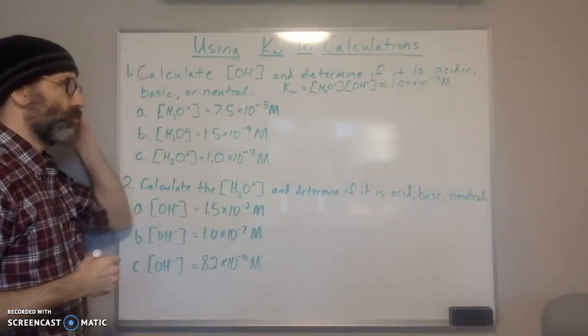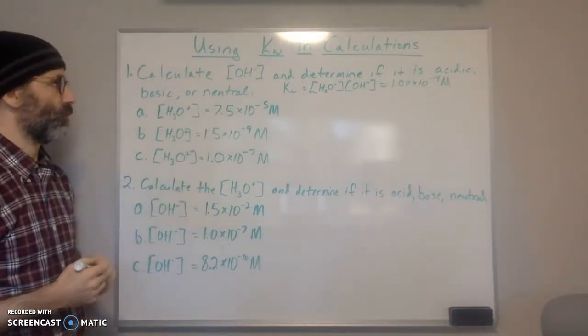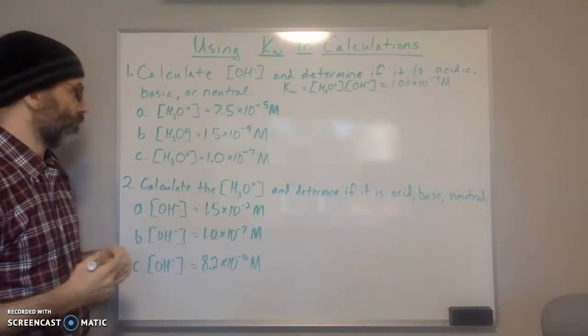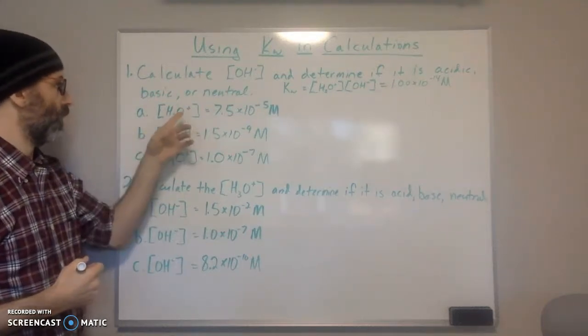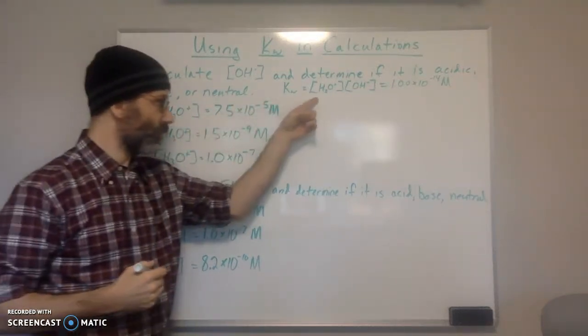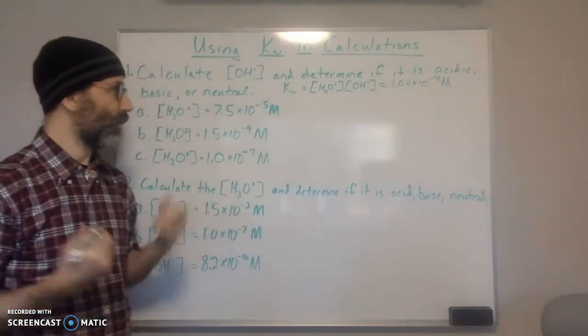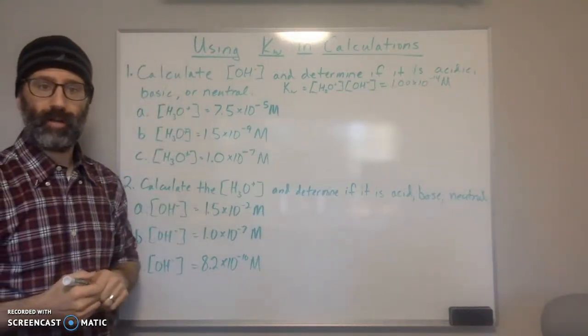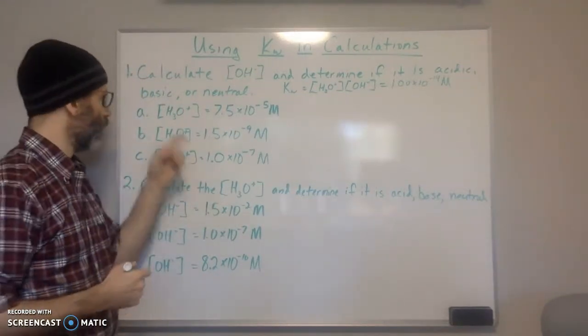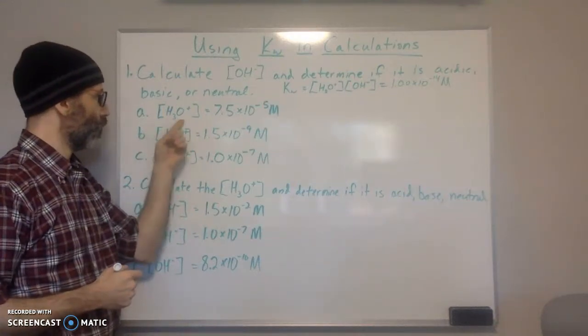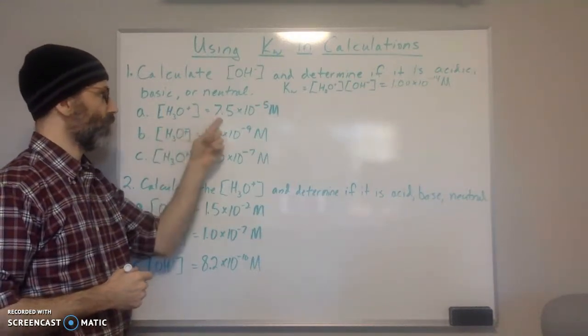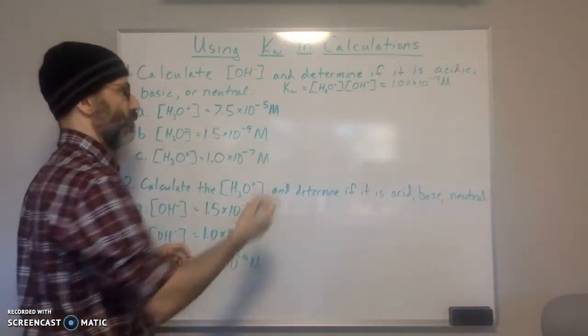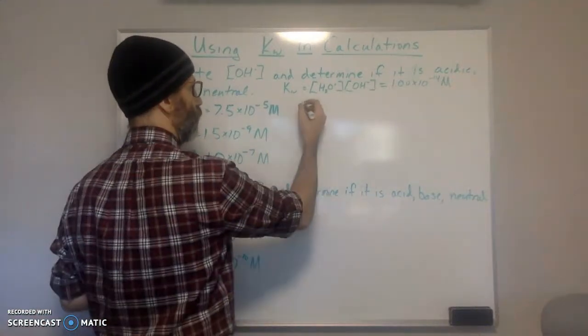And so when you're solving for this, you're just going to plug one of these into the equation and solve for the other part. So it's that simple. So here we have the H plus or hydronium concentration of 7.5 times 10 to the negative 5. So we're going to plug this into our equation.